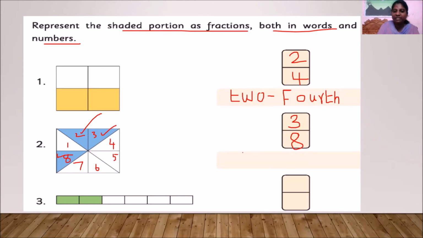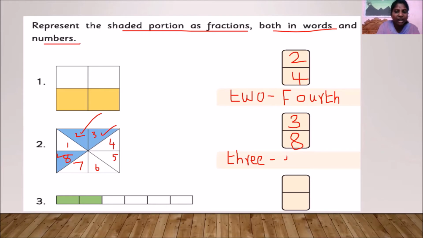Come, let's write this. Can you tell me the spelling for 3? T-H-R-E-E. 3. Next you have to write one hyphen, one line. Next you have to write eighth.